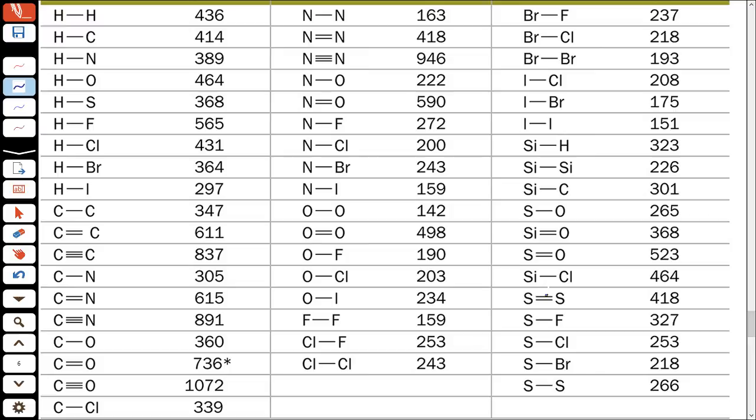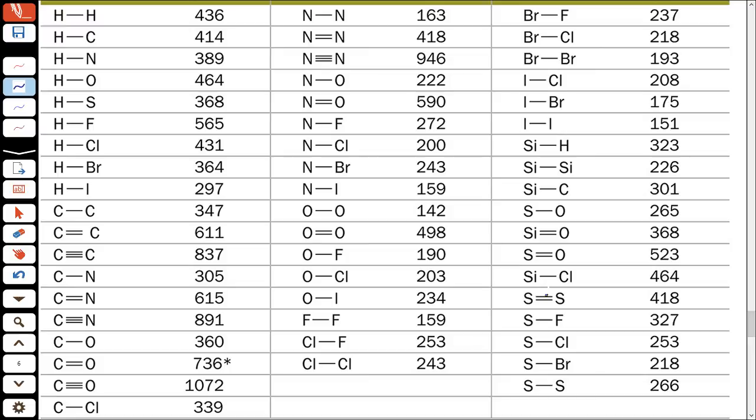So in this structure, I see 1, 2, 3, 4, 5 carbon-hydrogen bonds. I see 1 carbon-carbon bond. I see 1 carbon-oxygen bond. And I see 1 oxygen-hydrogen bond. 5 plus 3 is 8. So that's all my bonds.